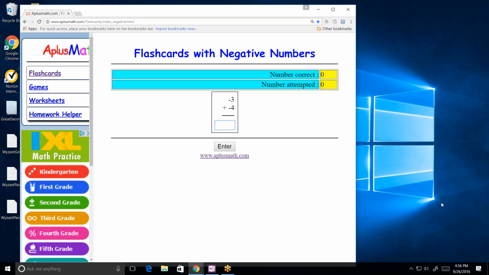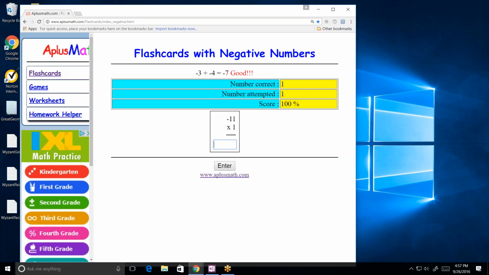For example, holler out what these are as soon as you know what they are. Minus 3 plus minus 4. I'll type it in. Negative 7. Next one.